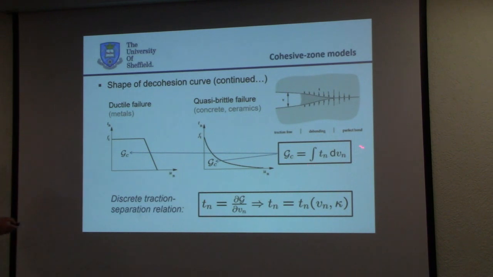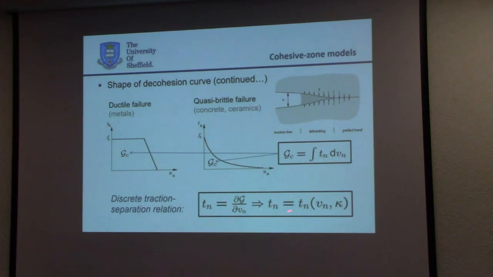It's defined formally as the traction over the crack at a point integrated over the crack opening displacement history at that point. So you now have a discrete traction separation relation where you can derive the traction as the derivative of the fracture energy function with respect to the crack opening.